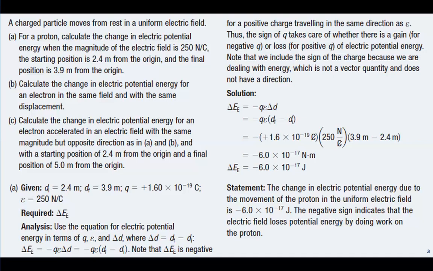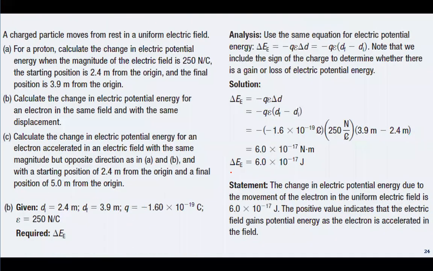The negative sign indicates that the electric field loses potential energy by doing work on the proton. In this question, you should be able to tell the electric charge on the proton is positive 1.60 times 10 raised to the power of negative 19 coulombs. Okay, just be careful with the constant here.